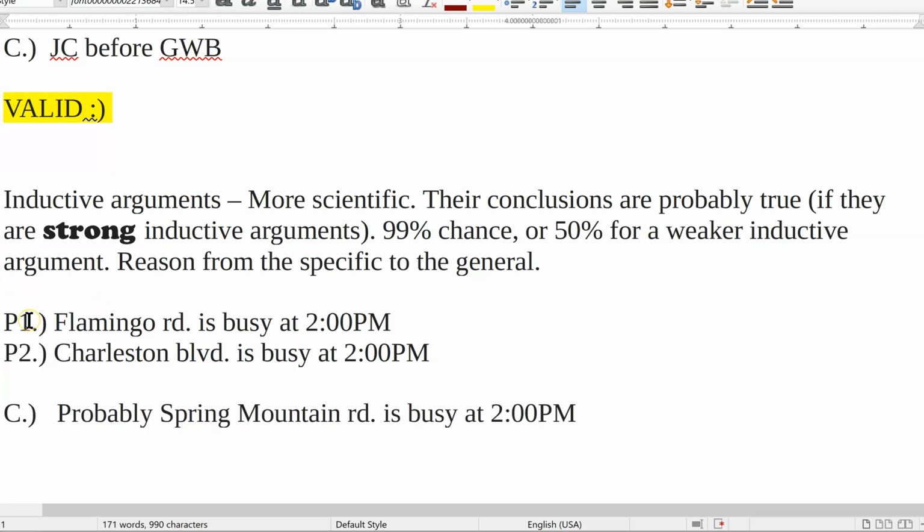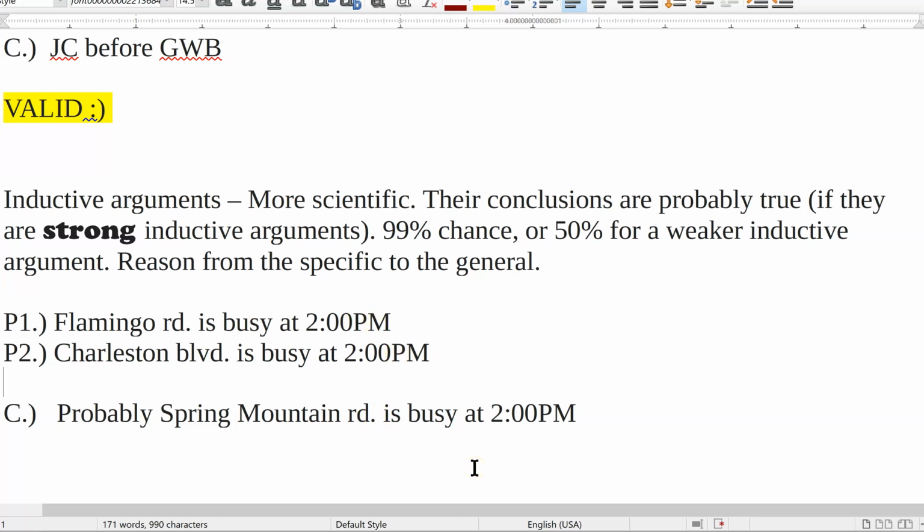Okay, so if I presented this argument to you guys, Flamingo Road is busy at 2 p.m. and Charleston Boulevard is busy at 2 p.m. So probably Spring Mountain Road is busy at 2 p.m. Right? You guys might say, yeah, that makes sense. Those roads are near to each other. They run in the same direction. Why would people just crowd in on Flamingo and Charleston, but not Spring Mountain?